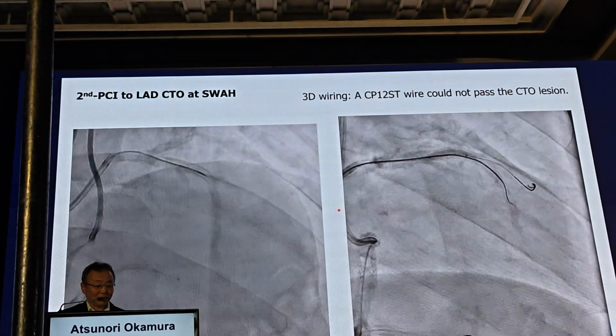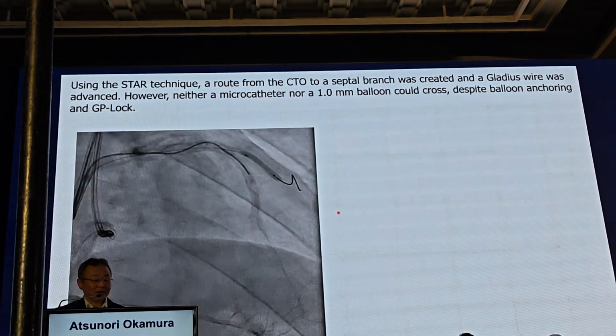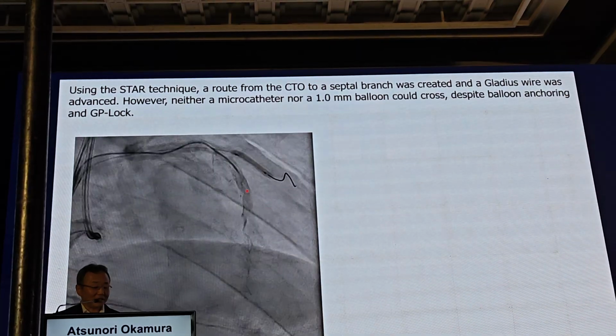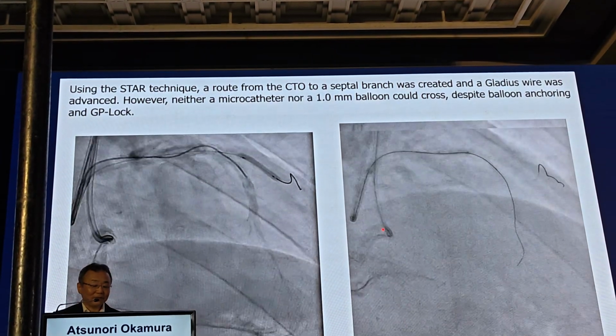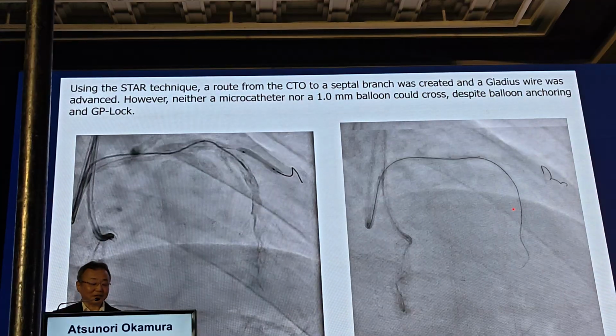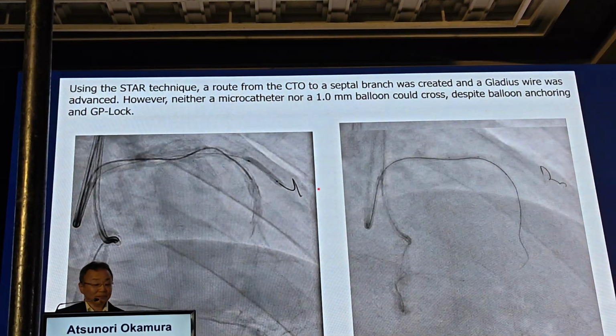So I also did the wiring, but it was in vain. So I did the STAR technique, here some channel. So I advanced the Gradius, but no microcatheters or balloons could be entered, even using the anchor or something.